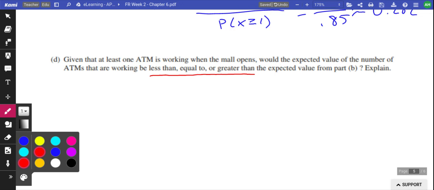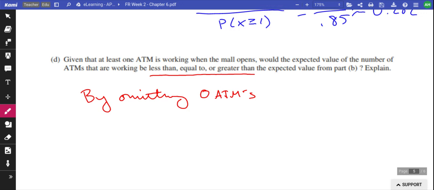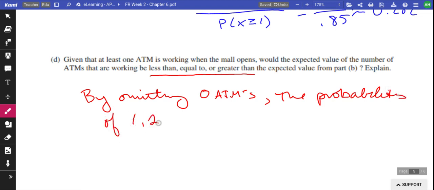So what you need to say here is something to the effect of: by omitting 0 ATMs working, or 0 ATMs probability, the probabilities of 1, 2, or 3 ATMs all increase.